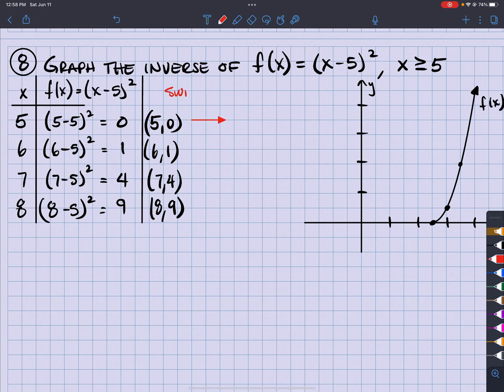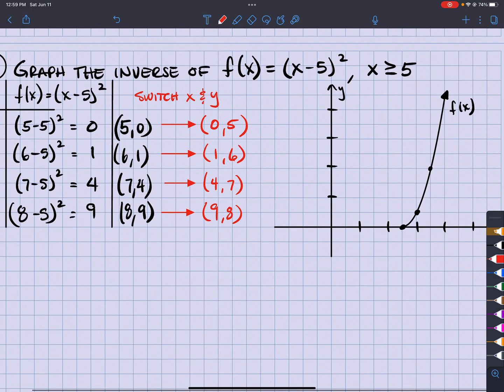I have to switch the x and y. So my (5, 0) now becomes (0, 5). My (6, 1) becomes (1, 6). My (7, 4) now becomes (4, 7). And my (8, 9) now becomes (9, 8).